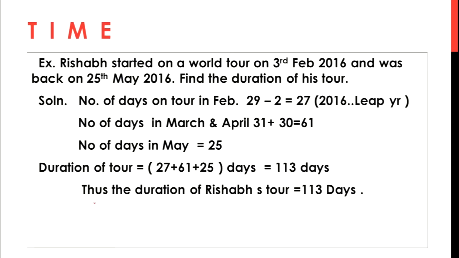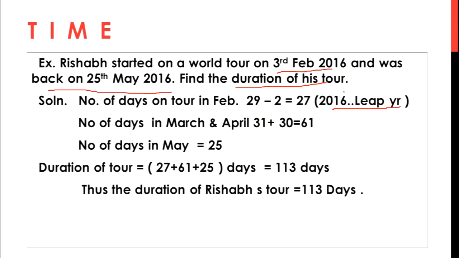Next example: Rishabh started on a world tour on 3rd Feb 2016 and was back on 25th May 2016. Find the duration of his tour. Now guys, how will you do it? 3rd February means 2 days of February you have to subtract from 29, because 2016 was a leap year.